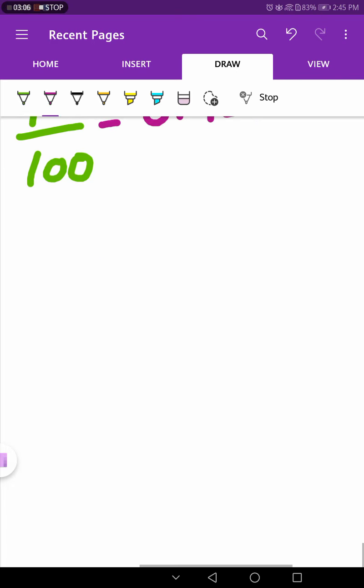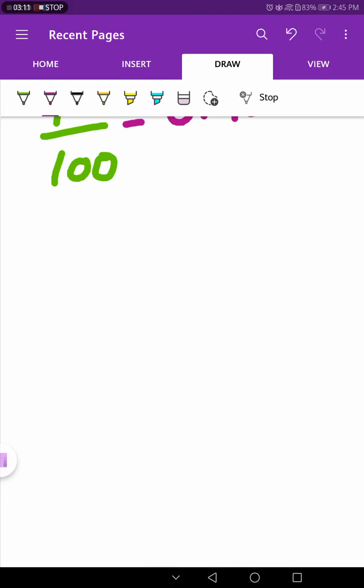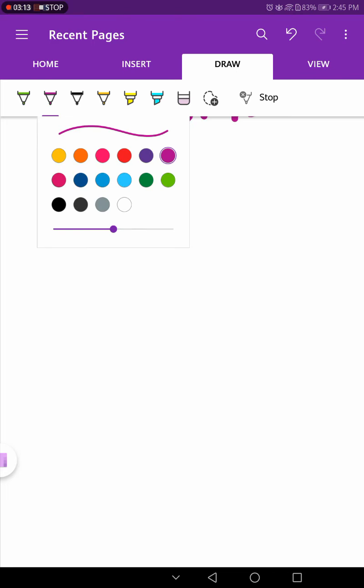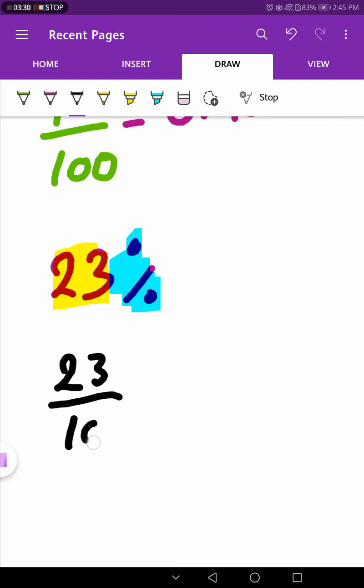One more example, 23%. First of all, we write this number over 100. Why? Because we have percent. The same story. So 23 over 100, and this means 23 hundredths. And we learned how to write 23 hundredths. It is 0.23.